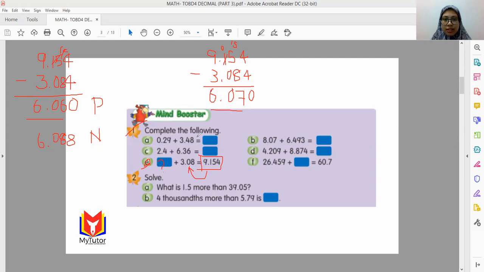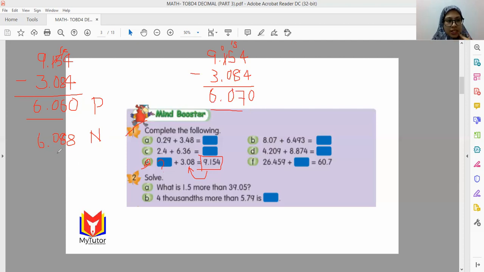This is the answer to question E. Putri and I almost got a close answer. My fault is that I put 14 here. We shouldn't have put 14. When you borrow from the next number, you do not subtract the one that you have here. Just add.